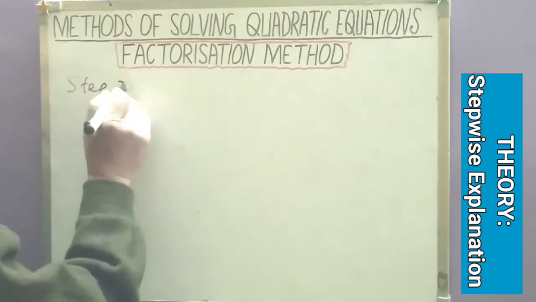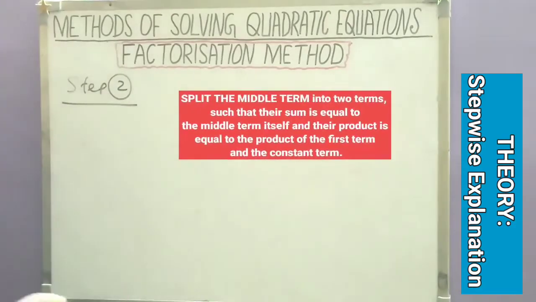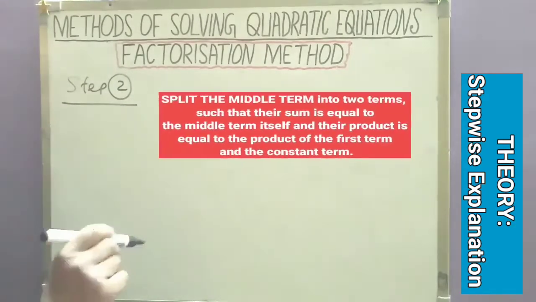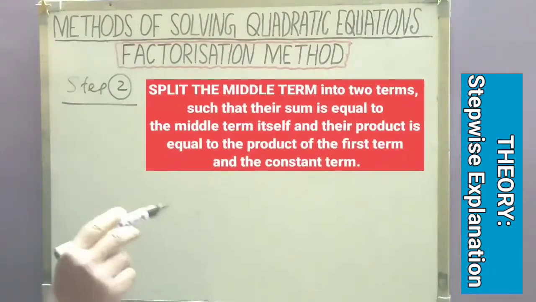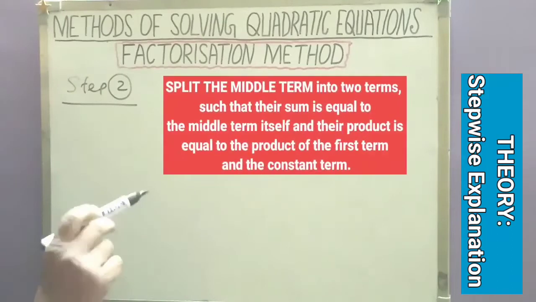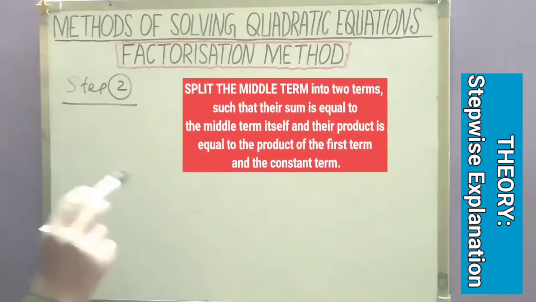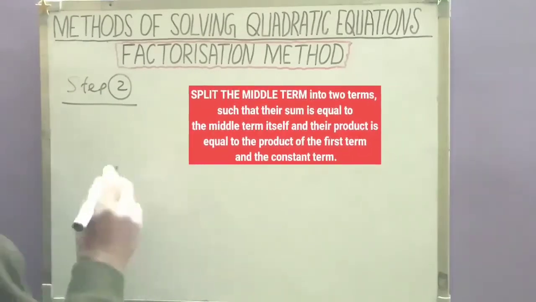Step 2. Split the middle term into two terms such that their sum is equal to the middle term itself and their product is equal to the product of the first term and the constant term.